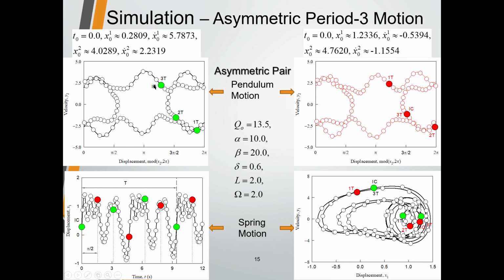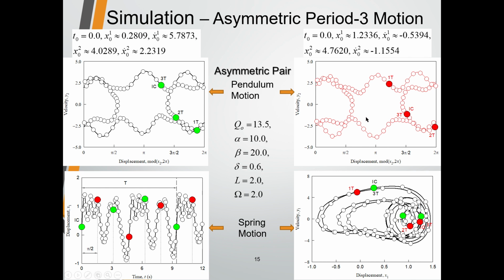On the top left here, we're showing the black branch, and on the top right here, we're showing the red branch. The two branches coexist at the same time, and they are symmetric to each other. You can see that their trajectories are symmetric to each other according to the point pi, 0.